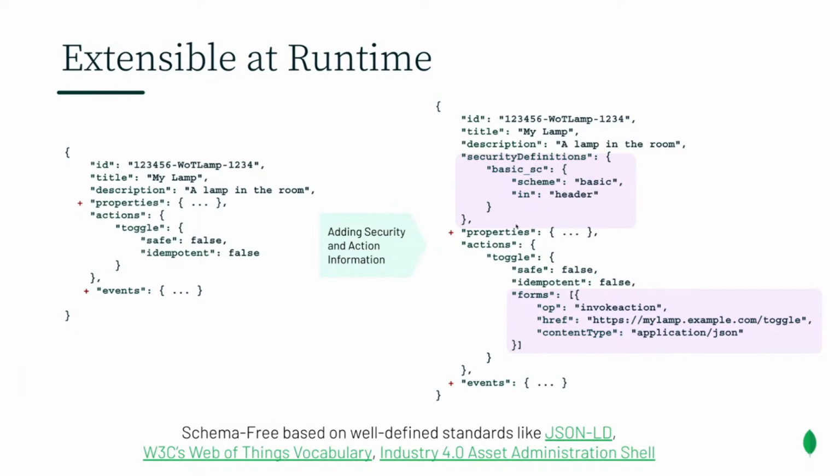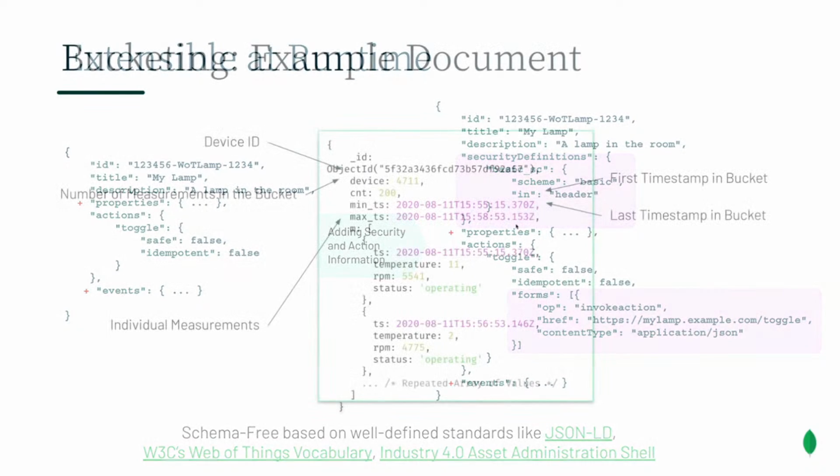So if you need to add specific data into Mongo and make it more extensible, you can do that here. We actually use it for standards like JSON-LD, which is a part of the semantic web. So all of this is a part of what we are doing here.